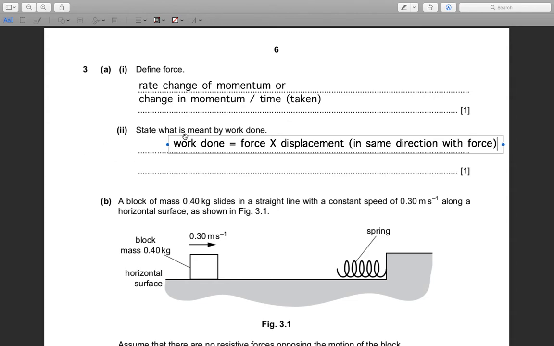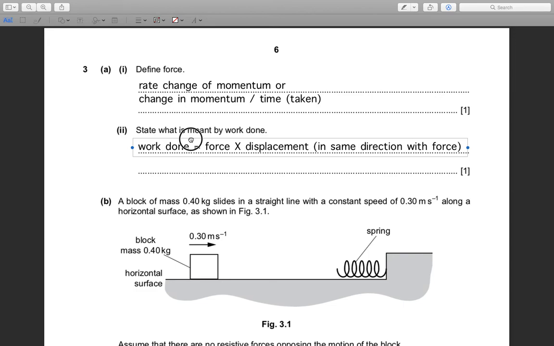Yes, this is the best answer about work done. Work done is force times displacement, but the displacement is in the same direction, that is, force and displacement are in the same direction.